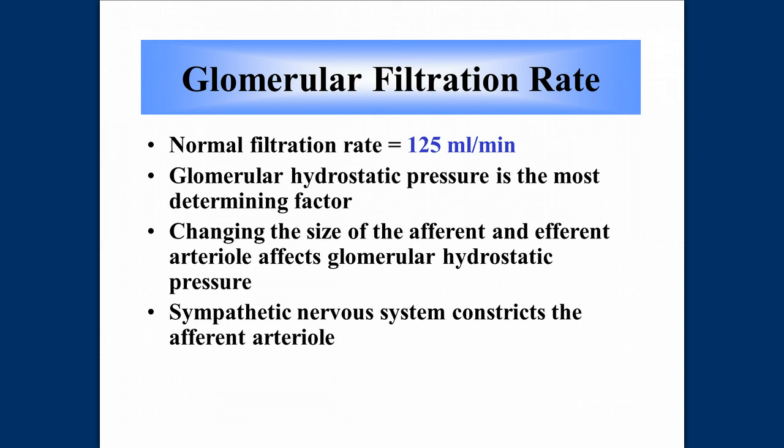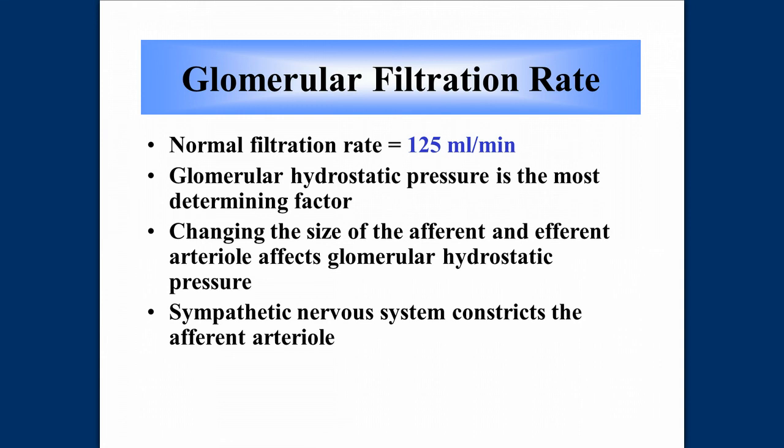Remember the layers of the blood vessels? That middle layer is made up of smooth muscle and it's under autonomic nervous system control, and the sympathetic response would be constriction of that blood vessel. And that's what happens with the afferent and efferent arterioles. So the sympathetic nervous system constricts the afferent arterioles.